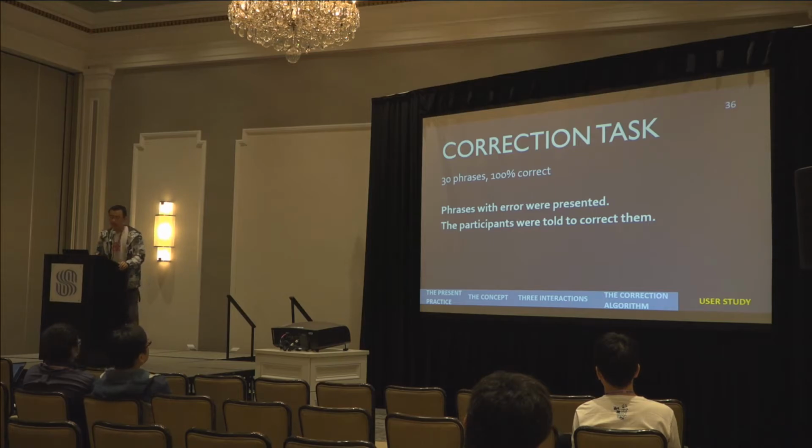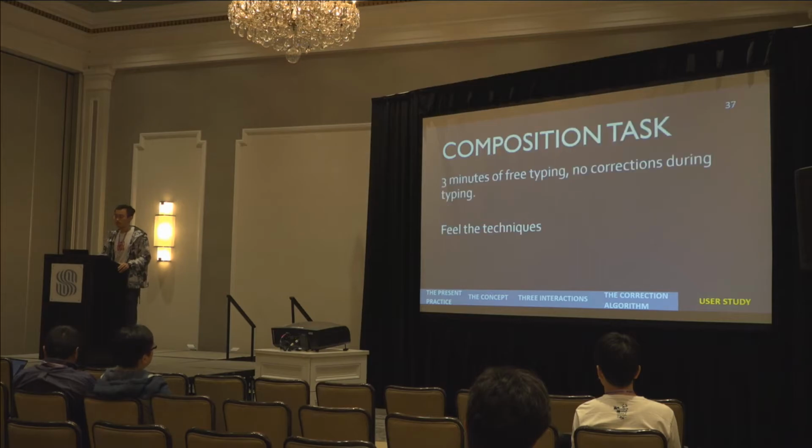For the correction task, we had 30 phrases, and we ensured that our model can correct them correctly 100%. This is to isolate the effect of the model performance, and we only want to evaluate the performance of the interaction, such as throw or press a button. With phrases with errors presented, the participants were told to correct them.